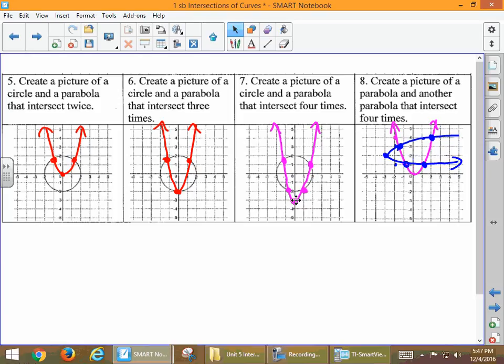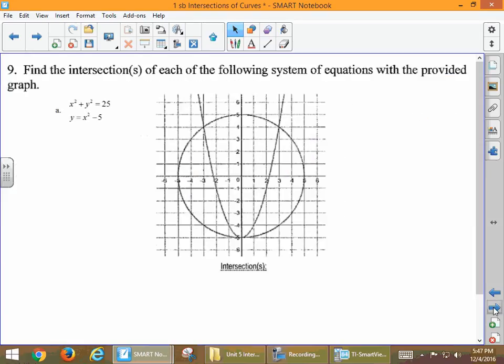And although I didn't do too bad drawing my pictures here, there's some better pictures on page 9. x squared plus y squared equals 25 is the equation of the circle drawn on that graph. And y squared equals x squared minus 5 is the equation of the parabola. What we want to do is find the values of the intersections on this graph.